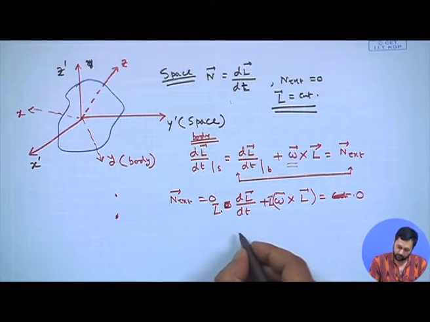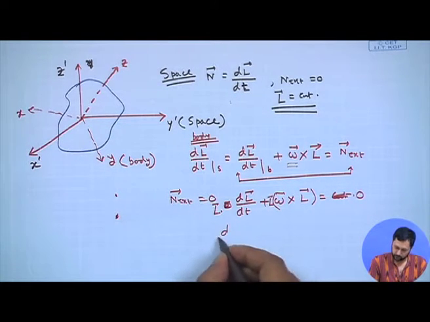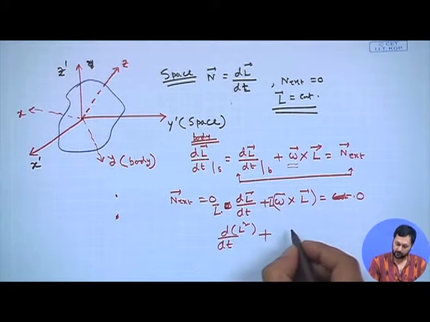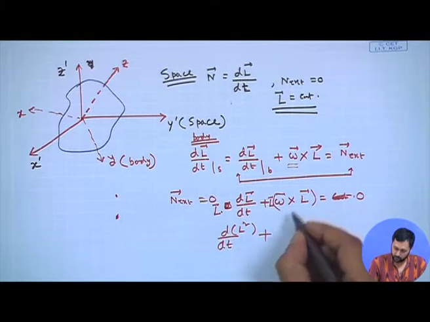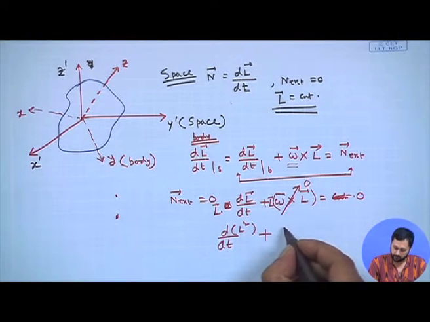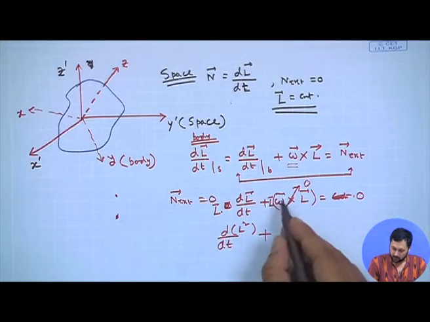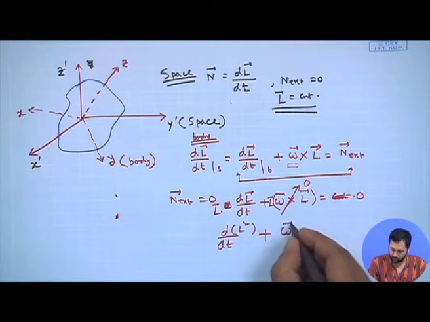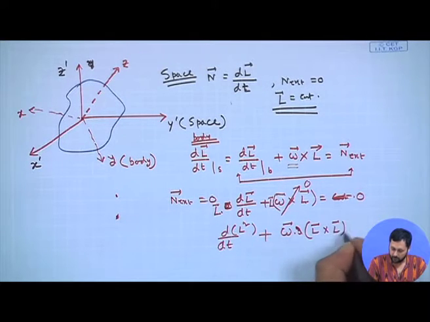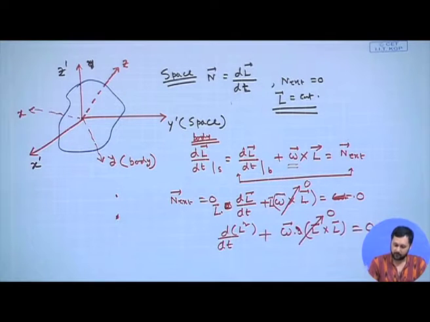The first term becomes d/dt of L squared, and the second term gives you 0, because with two steps of cyclic permutation, omega goes here, and we can write this as omega dot L cross L, which will uniformly vanish.